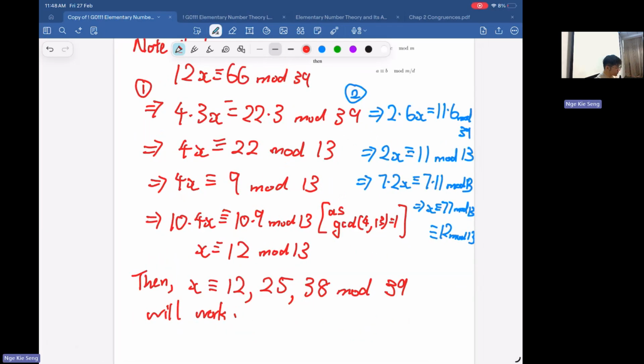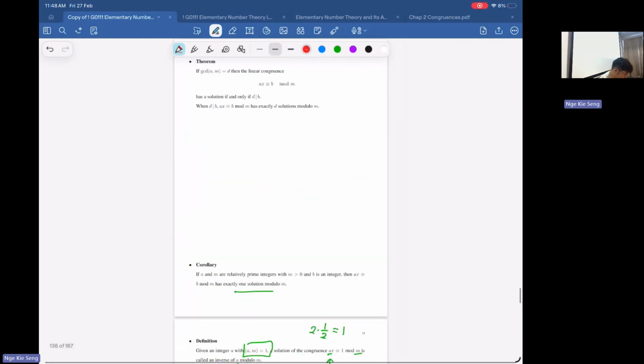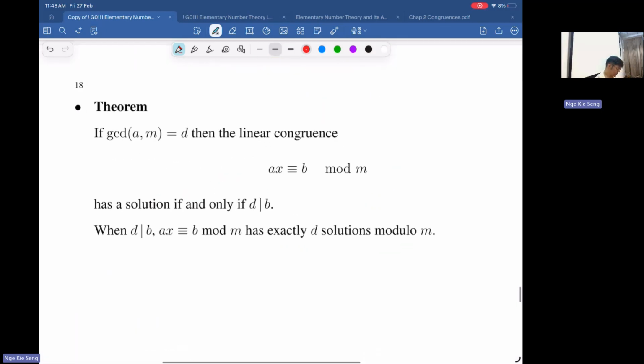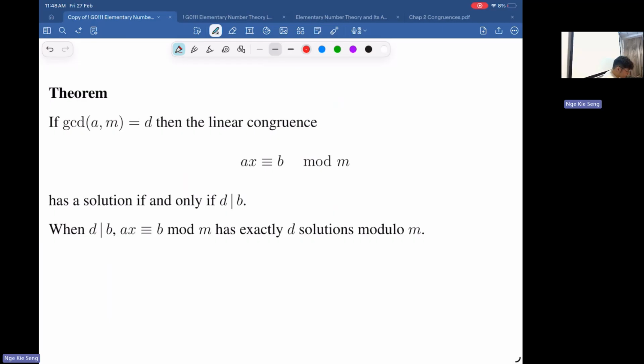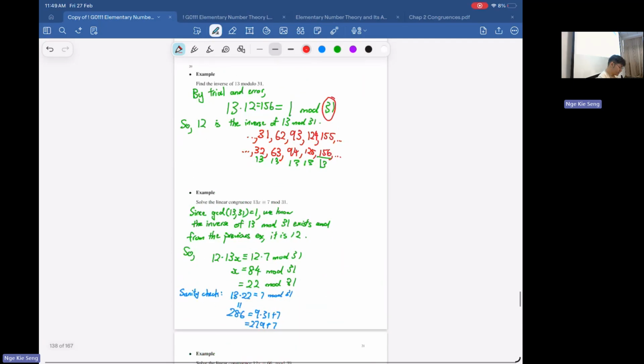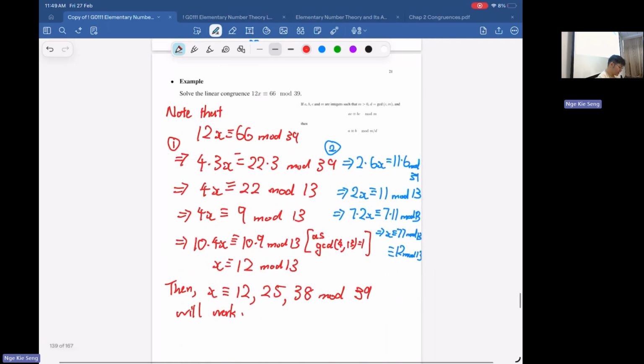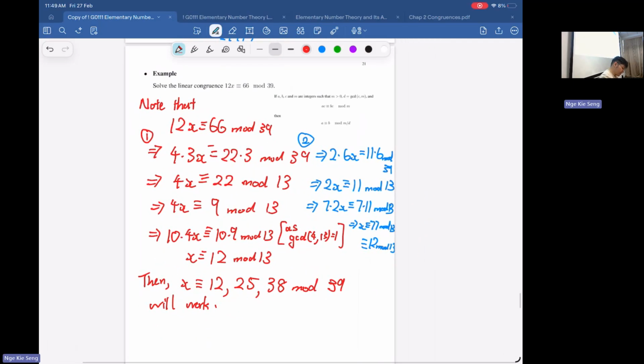Okay, so this also answers the theorem question. If the GCD of a and m equals d, in our case 3, there are exactly 3 solutions. Our d is 3. So the GCD of 12 and 39 is 3.